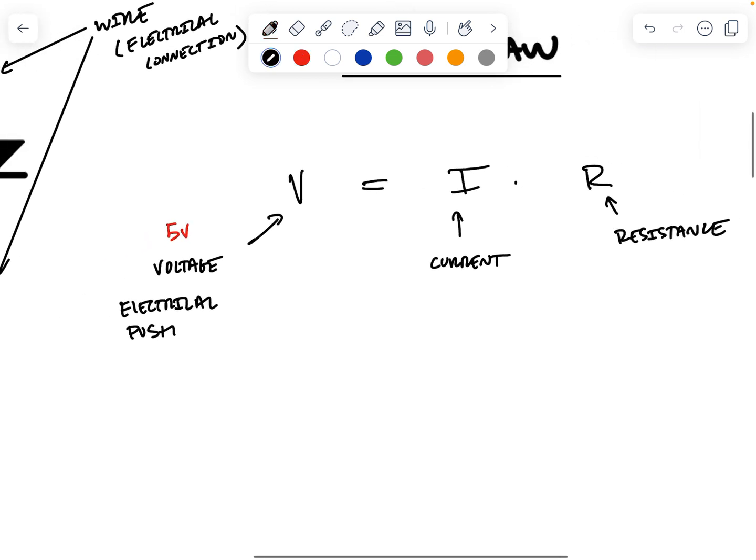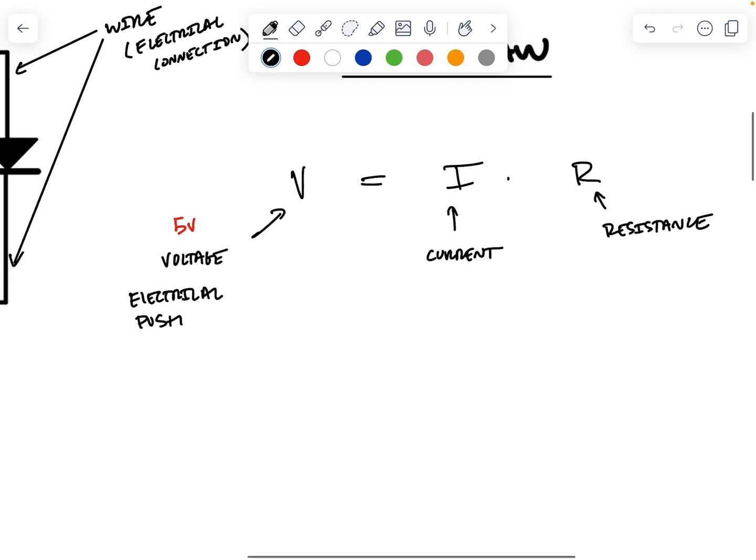The current is the speed that the electrons are moving through the system, or I guess I could say the number of electrons that pass by a certain point in the system at one time.